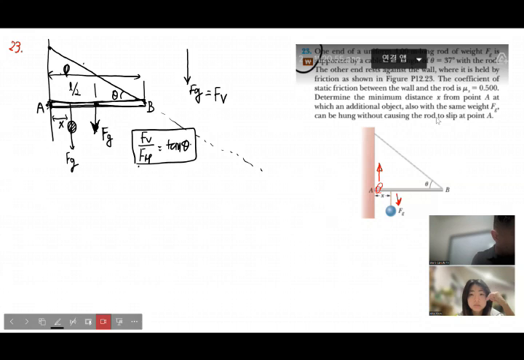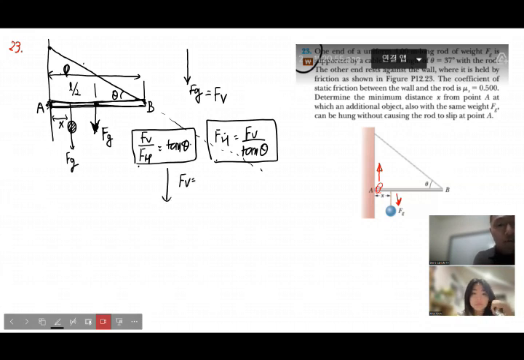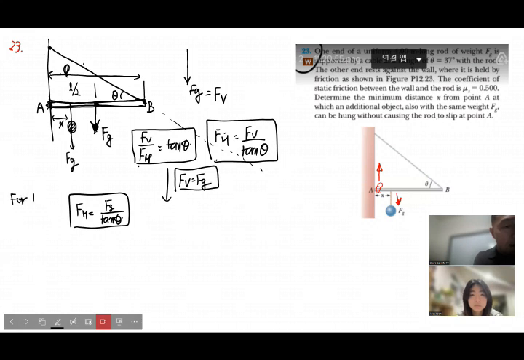So basically Fh is Fv over tangent theta. Here, as I said, the vertical force is Fg, the gravitational force of this rod. If you replace it, the horizontal force can be expressed with the vertical force Fg. So that should be Fg over tangent theta for the rod.